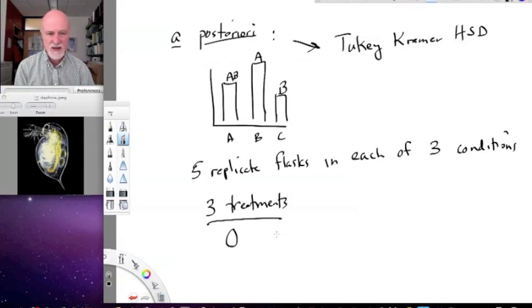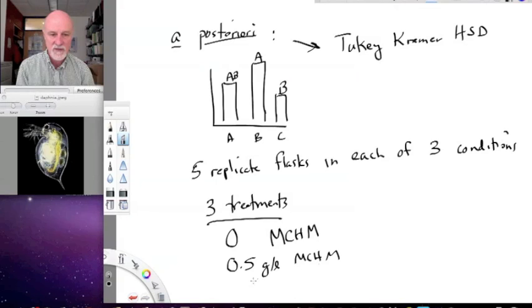0 MCHM, this is our wonderful chemical that spilled into the Elk River downstate recently. We have another set of flasks where we have 0.5 grams per liter of MCHM, and then we have a high level of 50 grams per liter of MCHM.